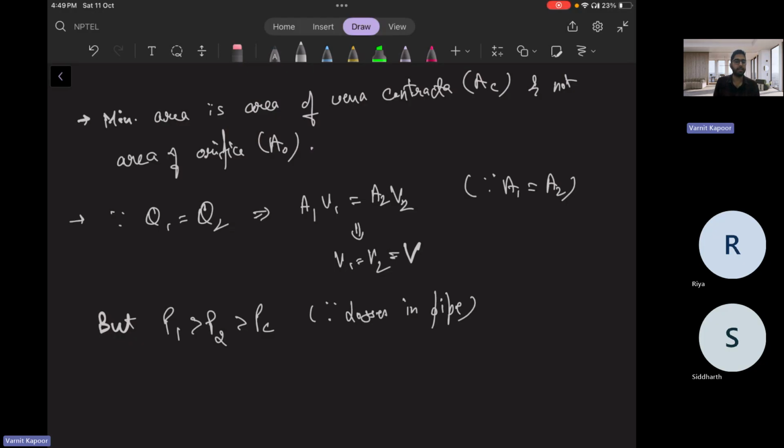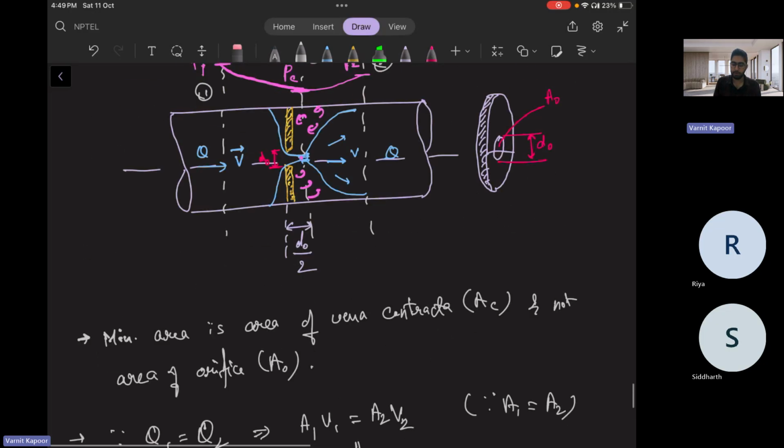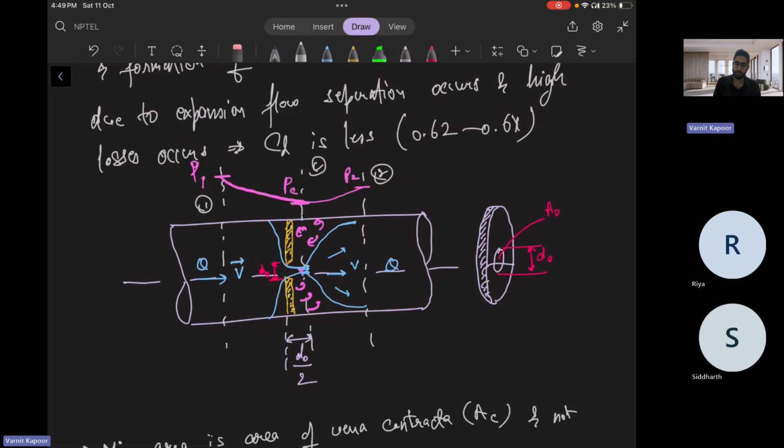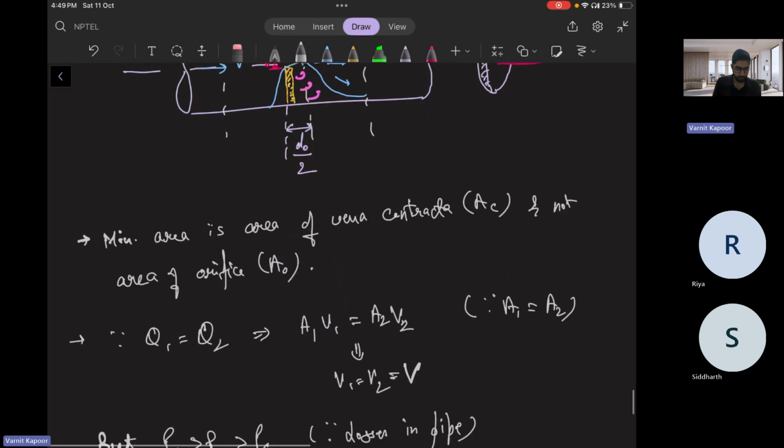Pressure 1 will be higher than 2 and the minimum is at PC. And to measure the discharge, you will apply the Bernoulli equation between section 1 and section C. And to measure the losses, we need to apply the Bernoulli equation between C and 2.